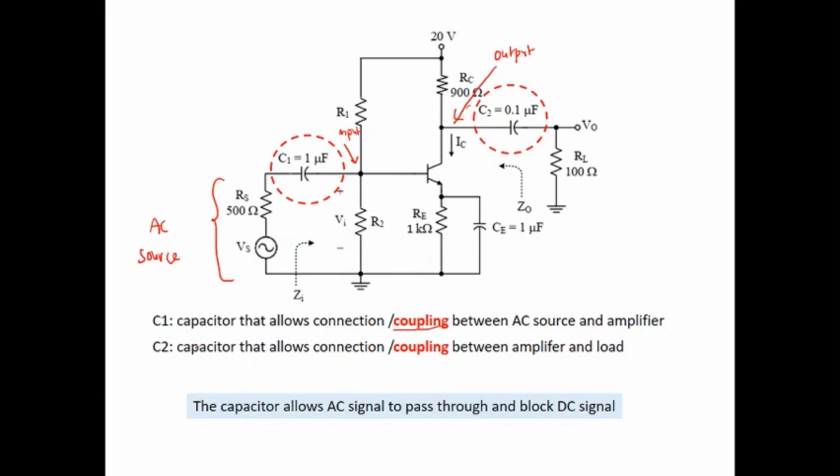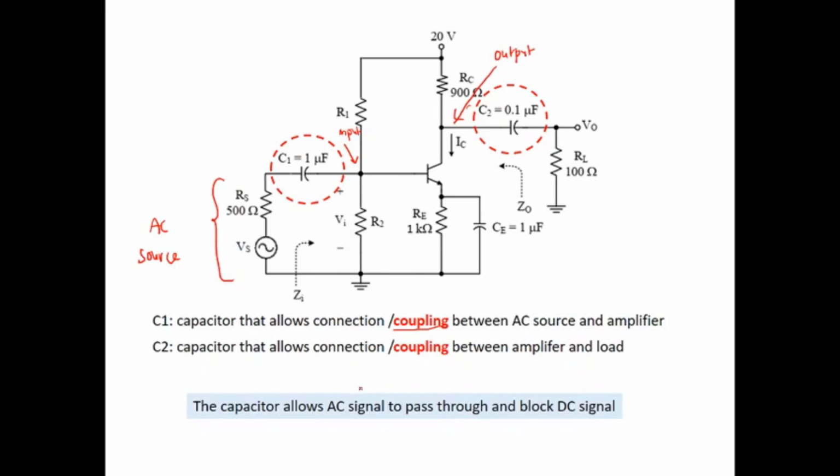C2 is the capacitor that allows connection between the amplifier output port and the load. This is how the amplifier is connected to the AC source and to the load, using capacitor coupling.